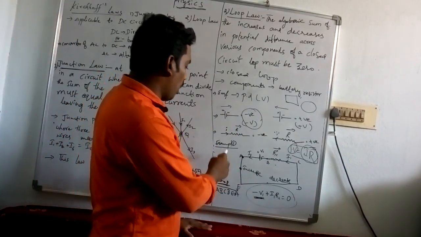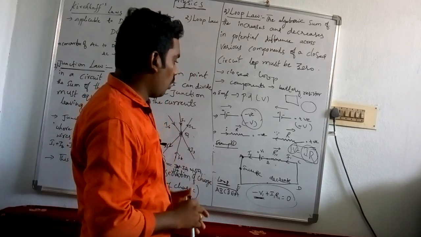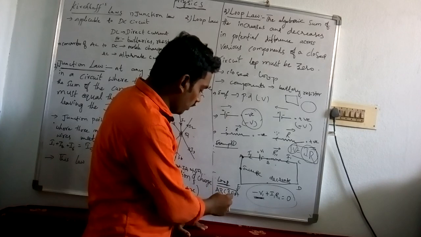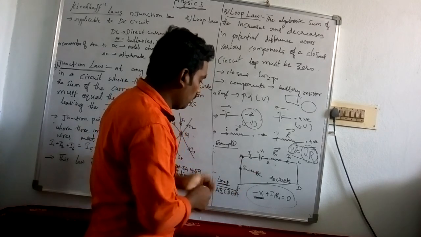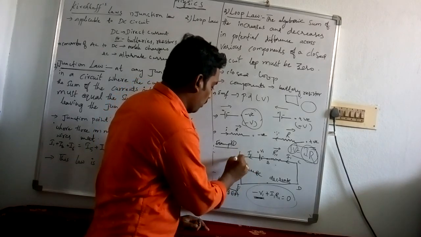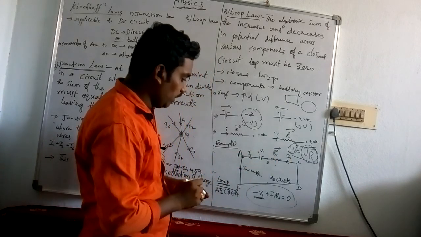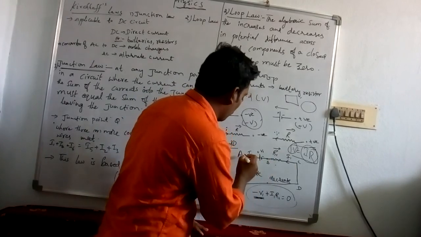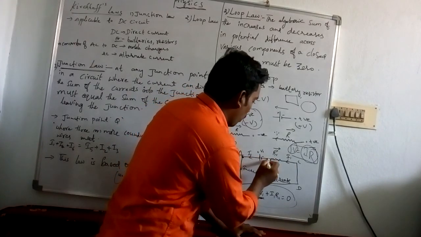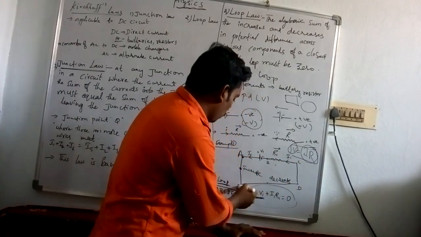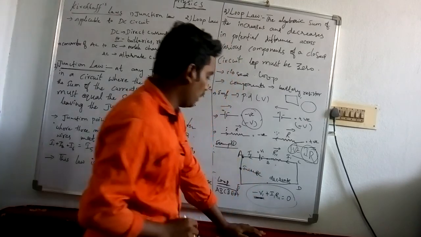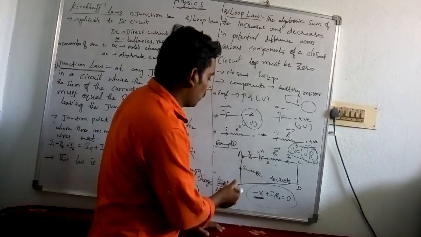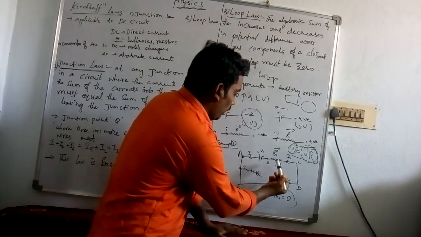For example, how to use these signs: suppose in this loop, what is the loop? A B C D E A. From the diagram, we are moving from point A to B, B to C, C to D, D to E and again A. Like this we are moving and crossing the battery and resistor.